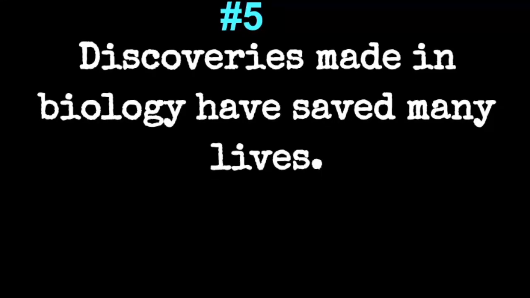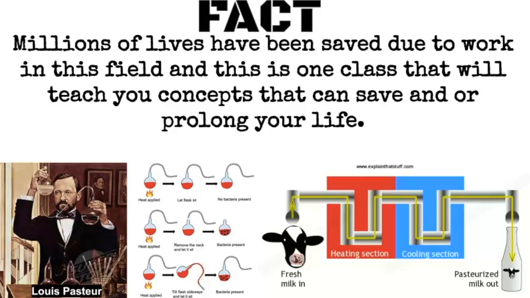Okay, so if you said fact, because you knew that this is one of those classes that is life-saving, you are right. Life science and biology, all of those sciences that deal with life, many of them have saved lives, because the more we understand about life and how our symbiotic relationships work, the more we can take steps to save lives and do things that are better.